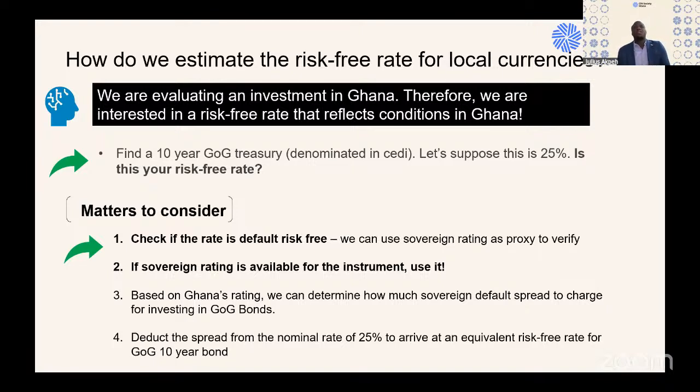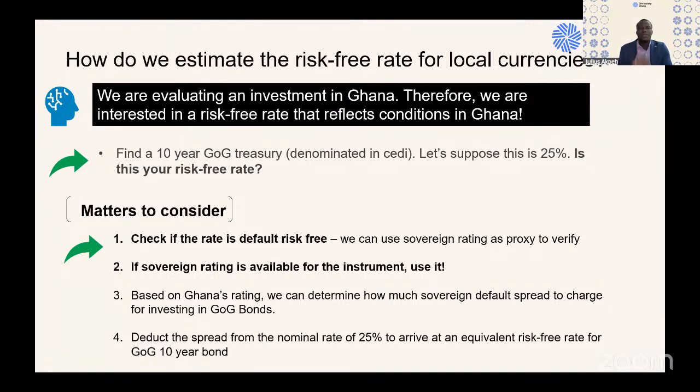But here we are talking about default risk-free rates. Risk-free instruments still carry inflation risk, right? Inflation expectation, the inflation premium, is in there. So there's still risk. Now, check if the rate is default risk-free.